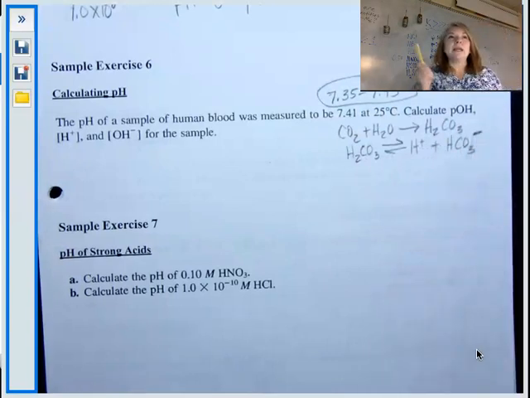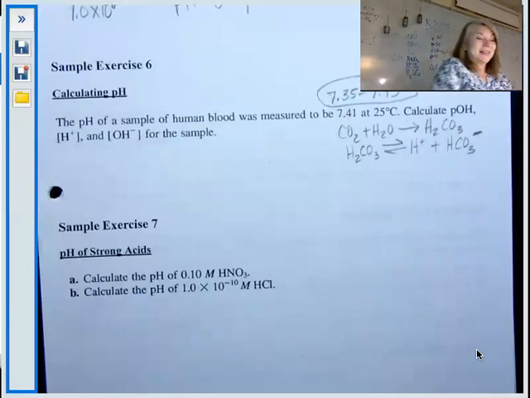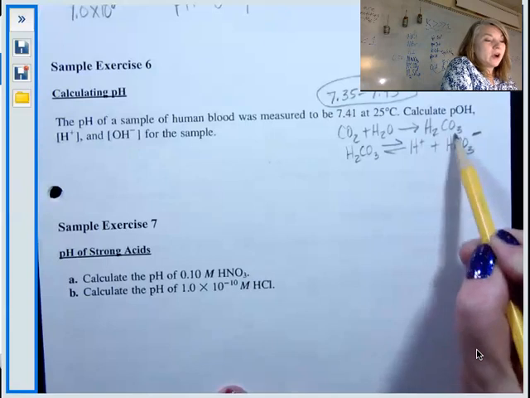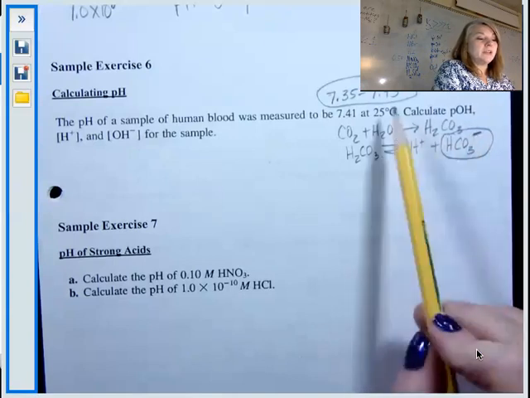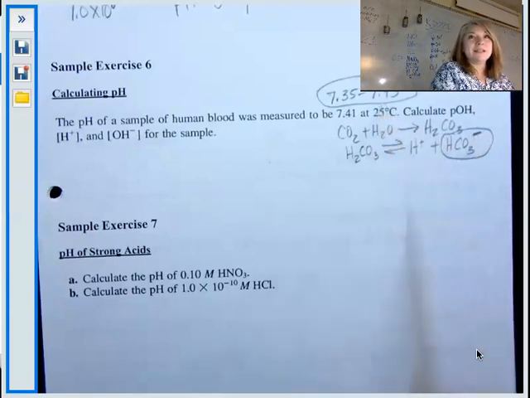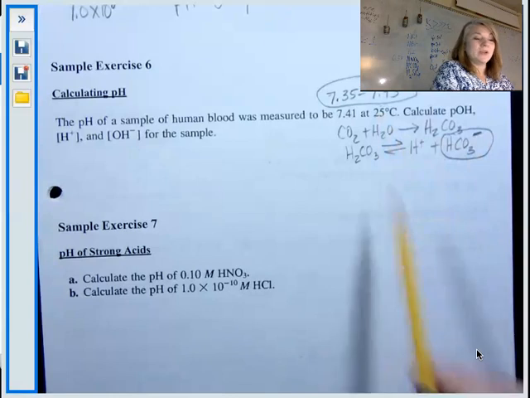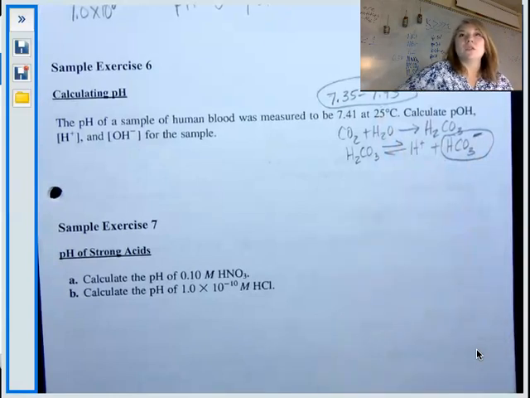And remember, weak acids produce conjugates that are stronger than water. And so here's your conjugate. That conjugate's stronger than water. So can you see why your blood pH is a little bit basic? It's because you've got that dissolved in your bloodstream all the time.